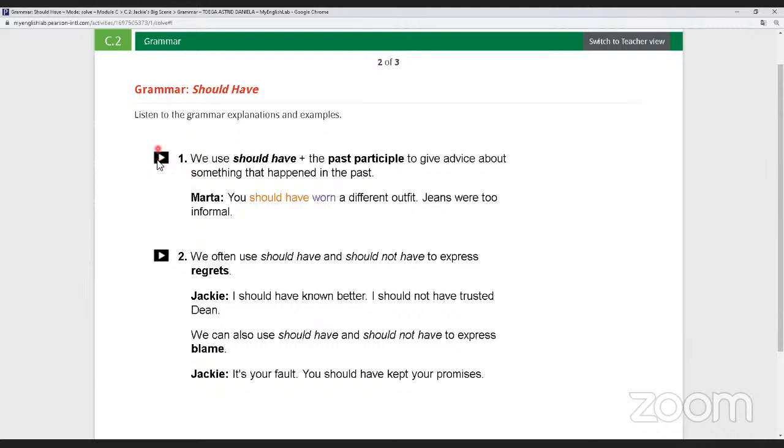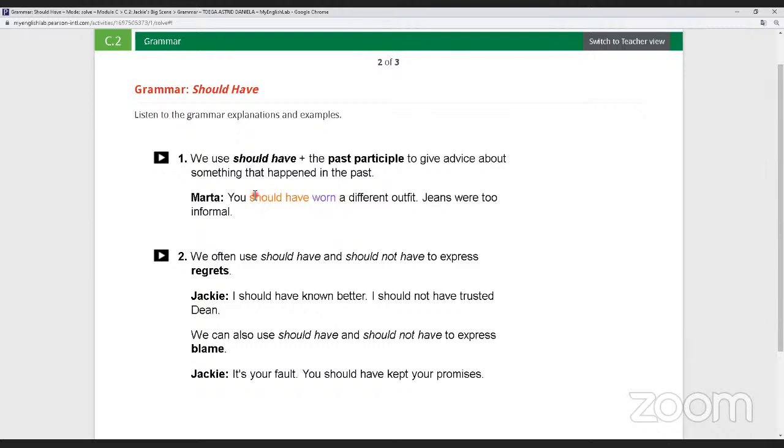Okay. As you can see, the structure is similar to the present perfect, right? We have the modal, the auxiliary verb have, and we have the participle verb, right? We're gonna use this formula to give advice about something that happened in the past. What time tense is this?